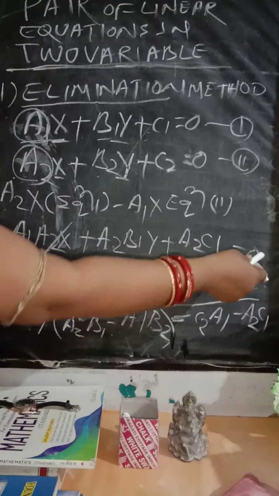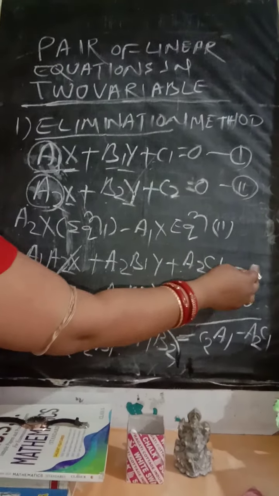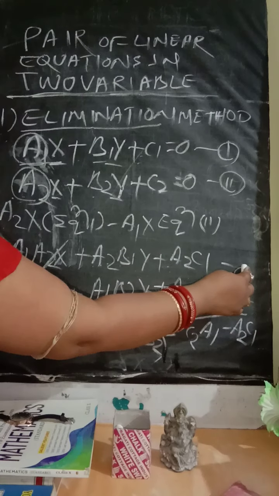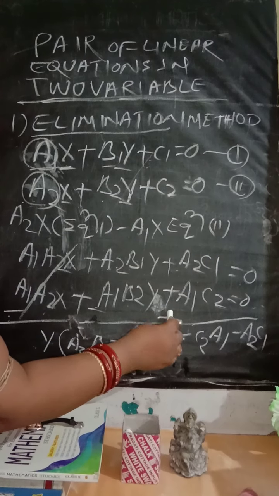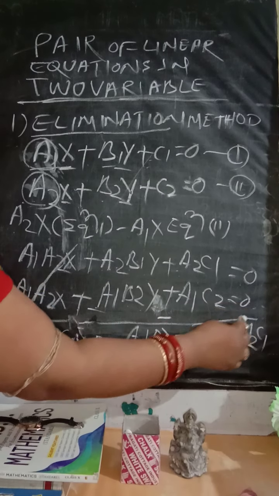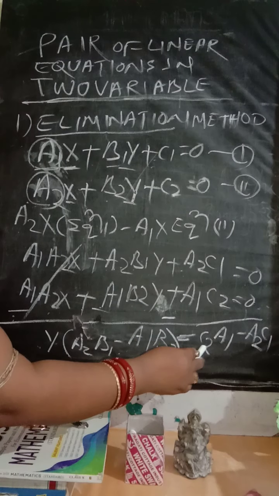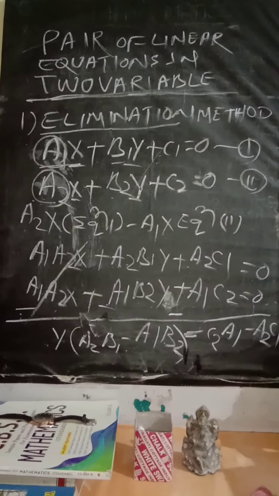So take y as common and it will be (a2b1 minus a1b2). Similarly, when you change the side, the sign will change. It is minus a2c1 and minus a1c2. When we change, it is plus, it is minus. So c2a1 minus a2c1.